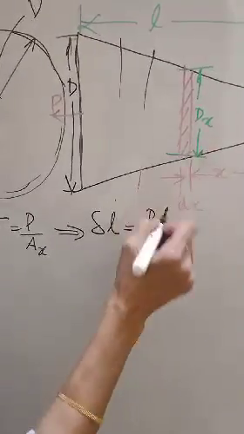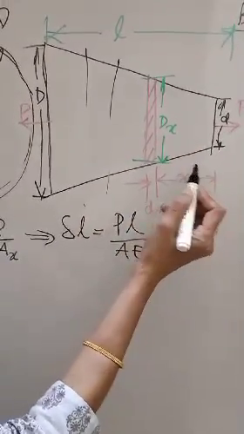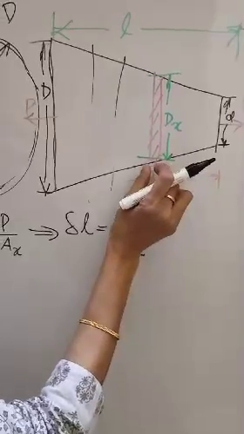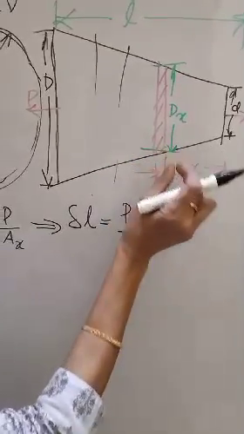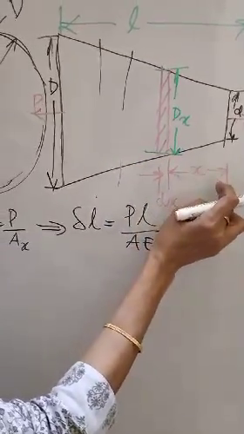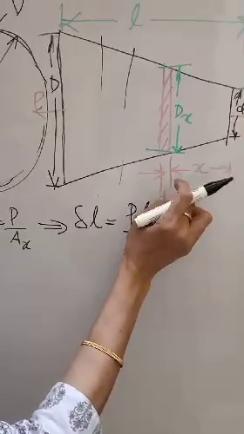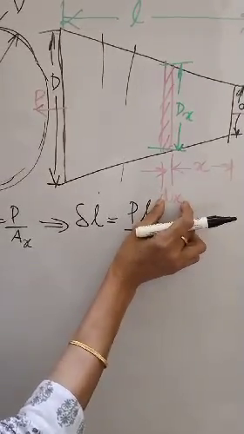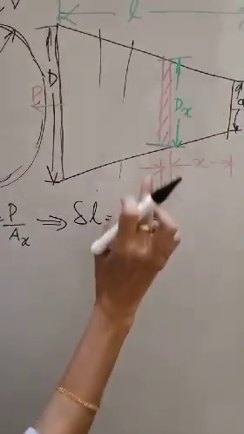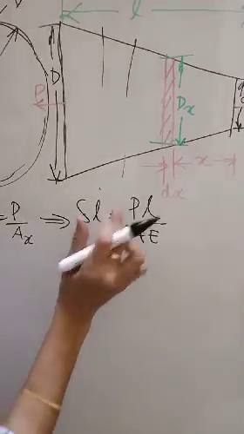So here, for convenience, you assume an elemental thickness delta x at a distance x from this end. You are assuming that for this dx length of the bar, the diameter is dx and it is assumed as constant.